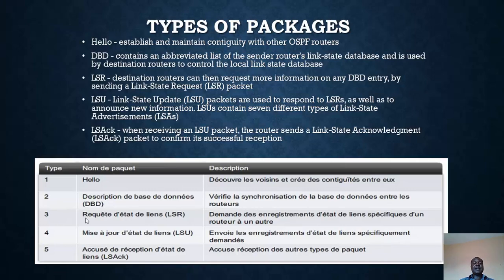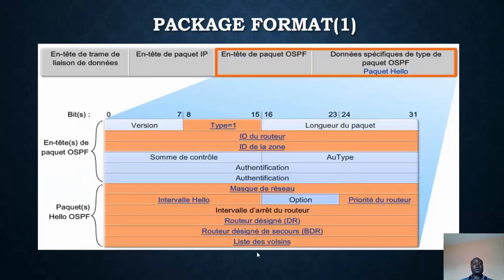Here we have the link state request, which asks for the link state records of a specific link from one router to another. And we have the link state update, which sends those link state records on specific demand. And we have the link state acknowledgement, which makes sure that every reception is confirmed as received.